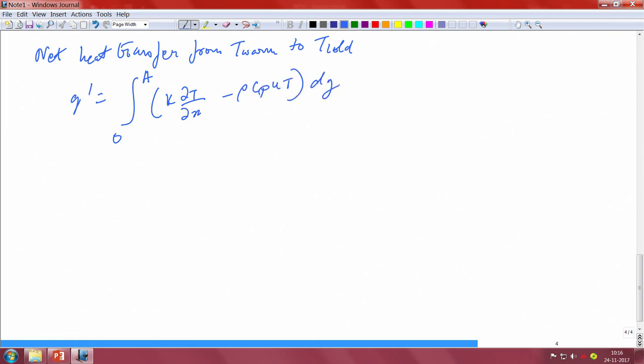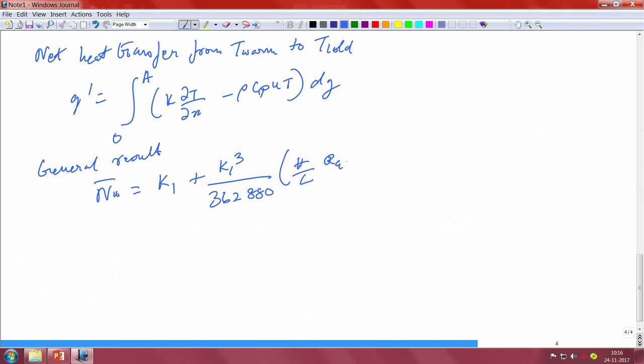So, the general result will be Nusselt number bar equals K1 plus K1 cube over 362,880 times H by L Ra_H squared. So, this is the Nusselt number. You can see that the heat transfer rate depends on the core axial gradient.